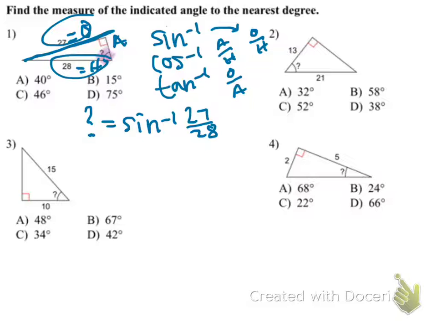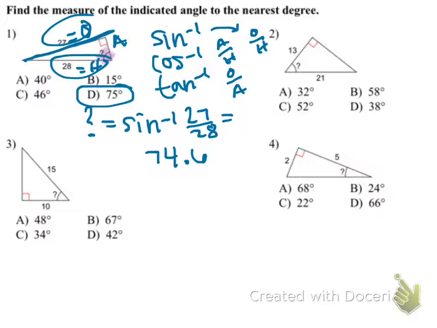I just stick that in my calculator. I get 74.6. It says round to the nearest degree, so the one closest to it is 75. So 75 is my answer.